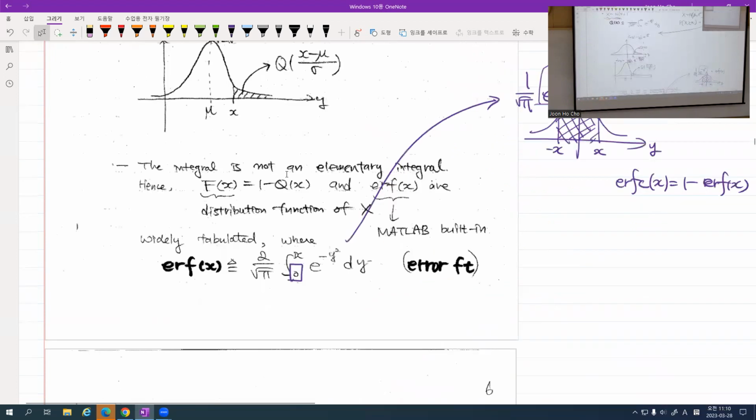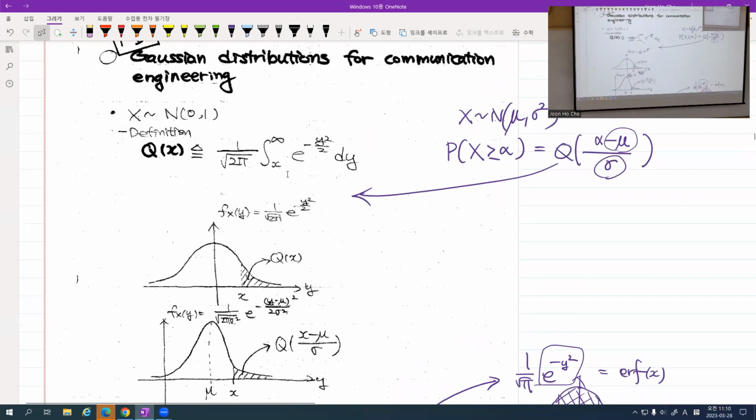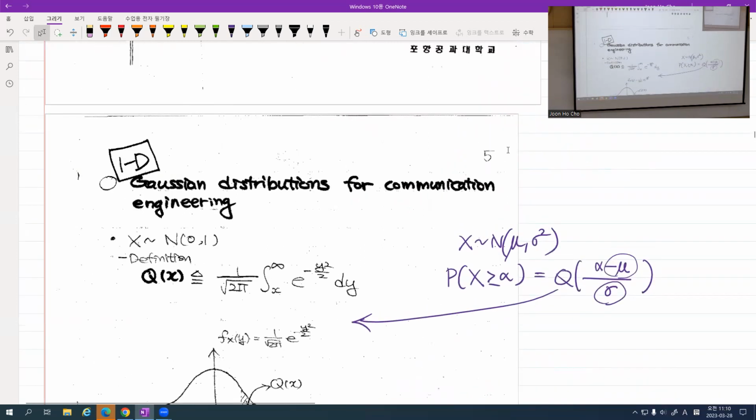Now, as a review, let me relate this Q function with the CDF of a general real valued normal random variable with mean mu and variance sigma square. Since the density of X now is different from that one, but it has 1 over square root of 2 pi sigma square times e to the negative (x minus mu) square divided by 2 sigma square.